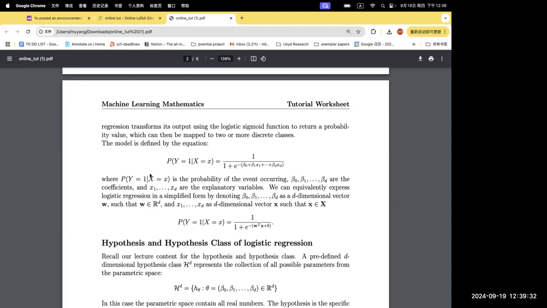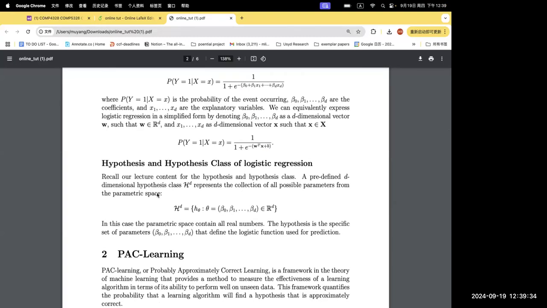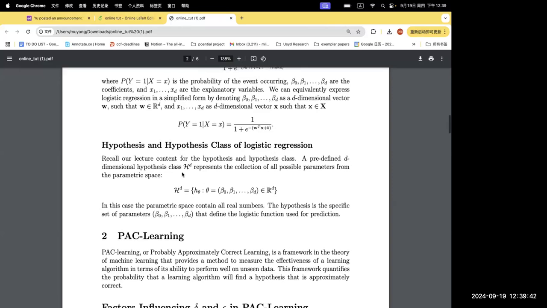Okay, to give a recap of the concept of the hypothesis class and hypothesis: as mentioned in the lecture, a hypothesis class contains all possible hypotheses, or all possible combinations of learnable parameters in a predefined space, right?